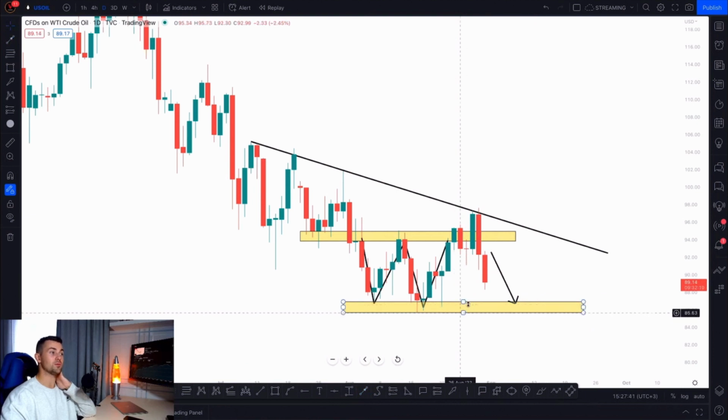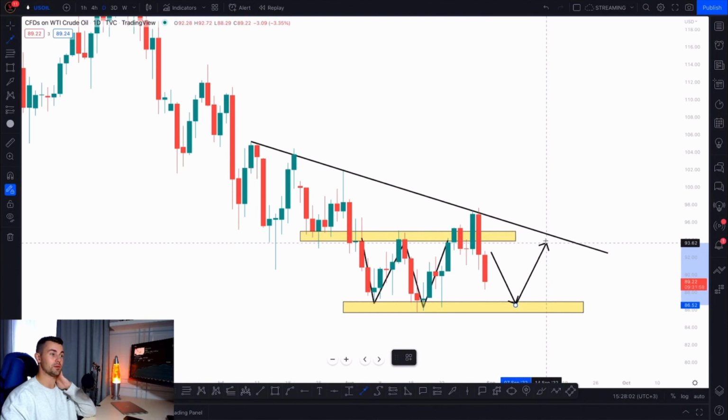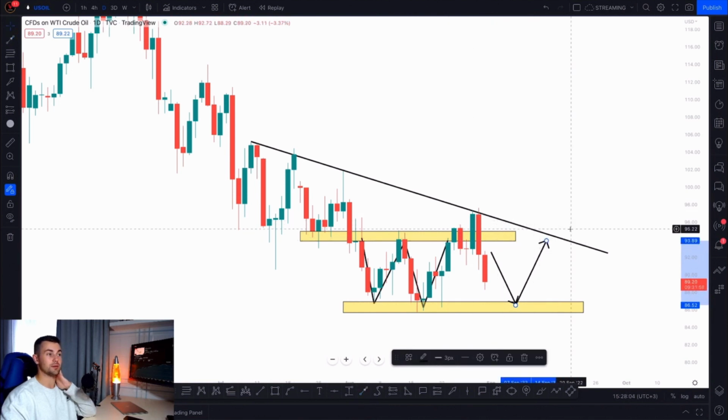So I believe that oil will keep falling to this one. And from that support, we will try to buy oil. You can see that so far we got 3 very nice bullish reactions from that support. You can see how nicely that structure holds. We got very nice rejections from that structure. So I would look for buying opportunities from that structure to that trend line.